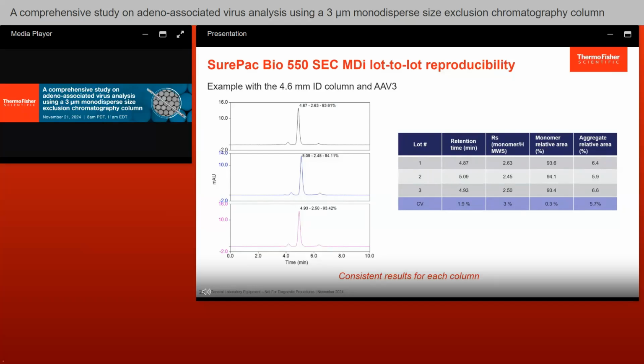We have the monomer relative peak area about 93 to 94% with 0.3% deviation, and the aggregate peak around 6% with 5.7% deviation. So this SurePack Bio monodisperse column definitely delivers consistent results for each column and for the different lots.